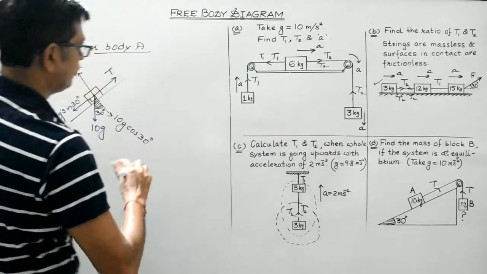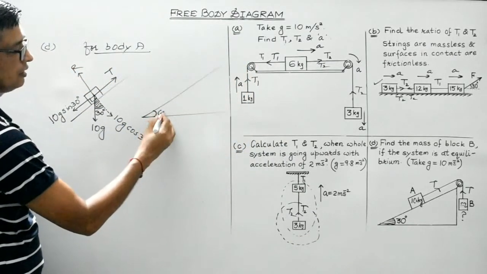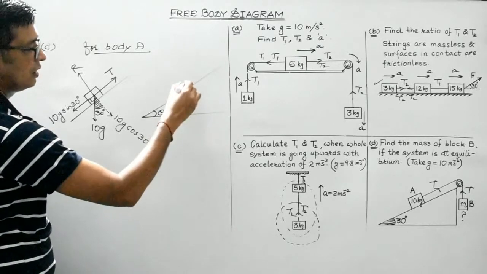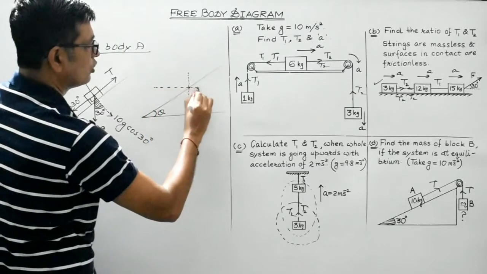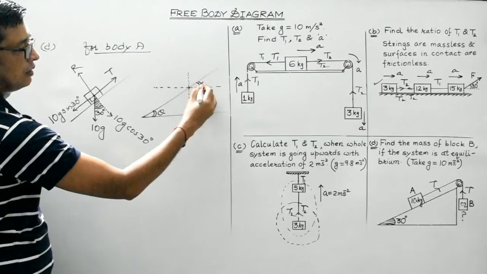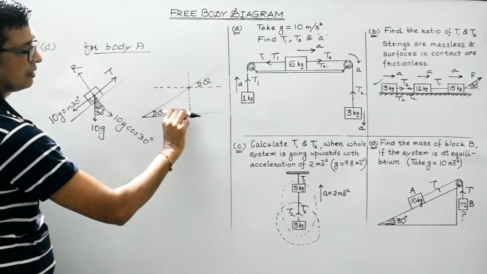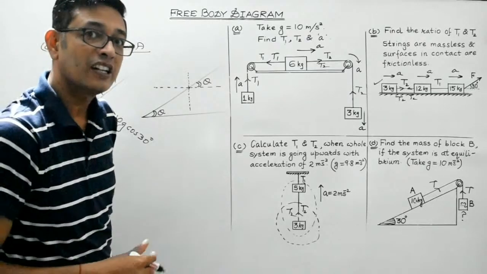Let me prove it again for you, like this. This is angle theta. So what you do is, at this point, if you draw a vertical and a horizontal line, obviously this angle would be equal to this angle. These two being parallel lines, it will act as a transversal. So these two will be the pair of corresponding angles.